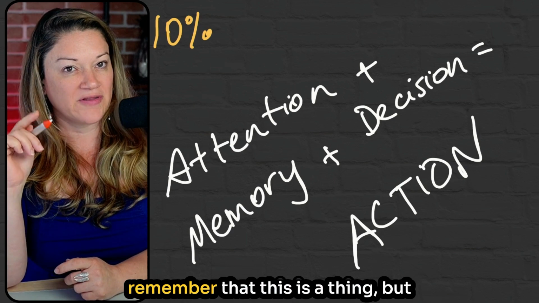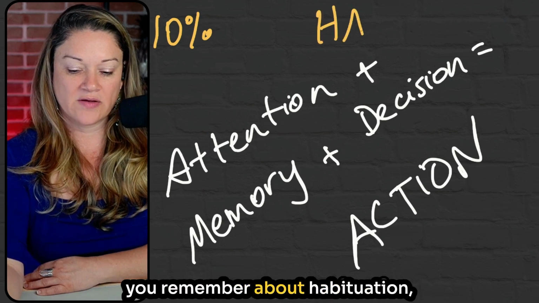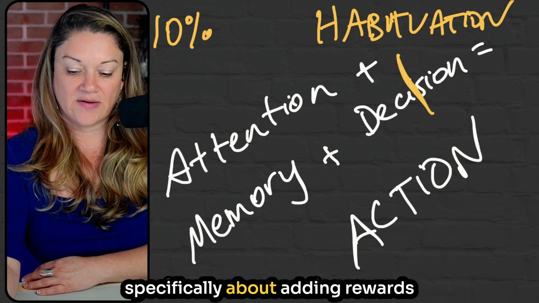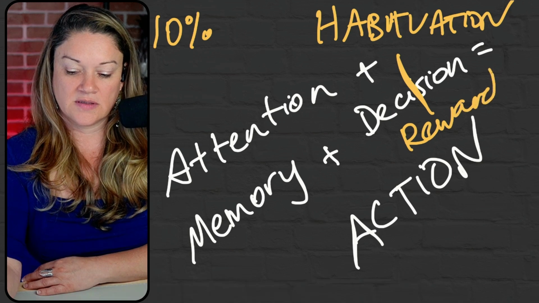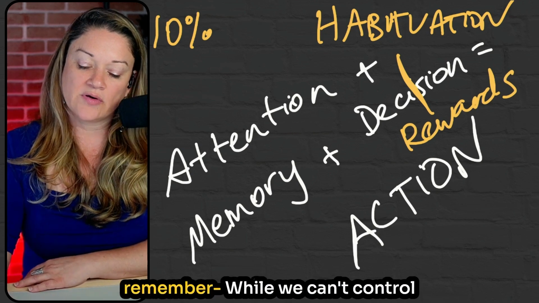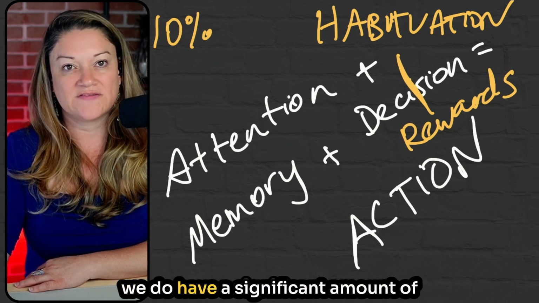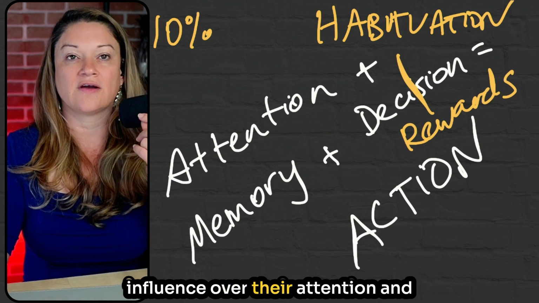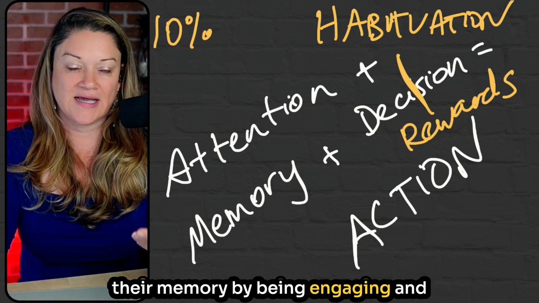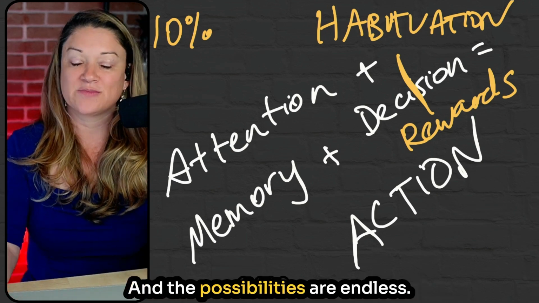That you not only remember that this is a thing, but that you remember to highlight your 10% message, that you remember about habituation, specifically about adding rewards in there for our students and our team members, and that you remember, while we can't control what anybody does or doesn't do, we do have a significant amount of influence over their attention and their memory by being engaging. And active learning is the way to do that. And the possibilities are endless.